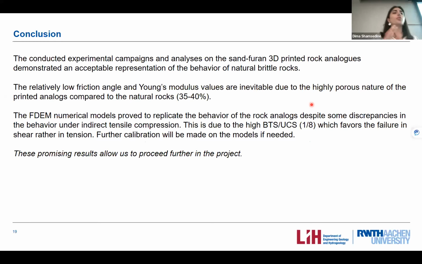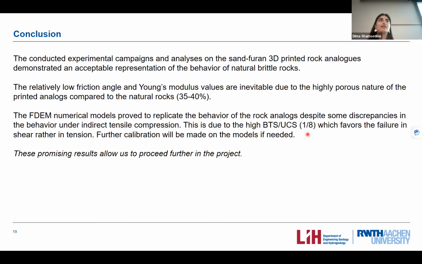And we have concluded as well that the finite discrete element numerical models resulted in a good replication of the tests and of the behavior of the rock analogs. There was a discrepancy in the tensile strength in the Brazilian test due to the high BTS to UCS ratio.